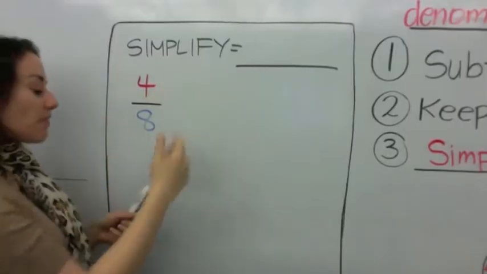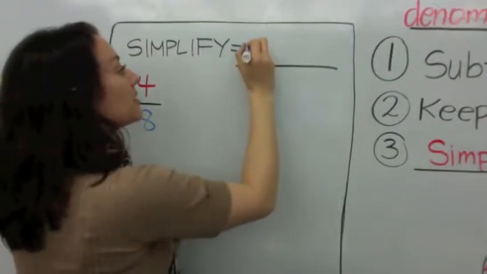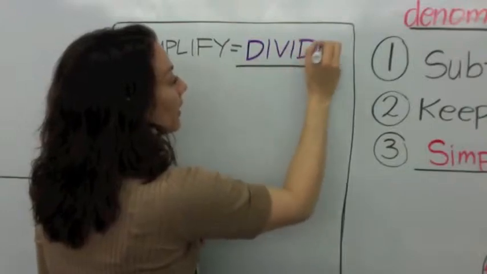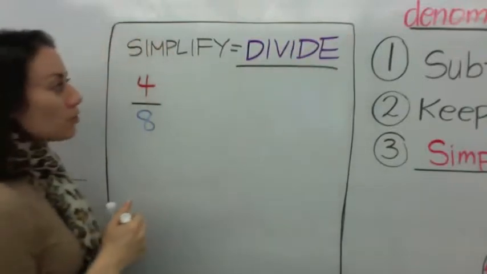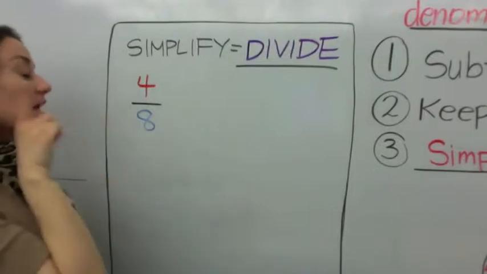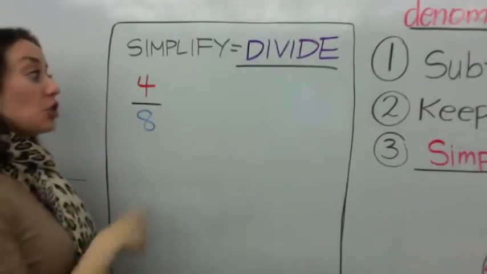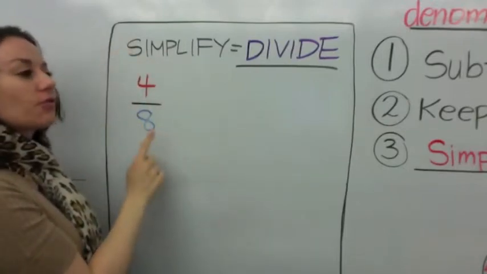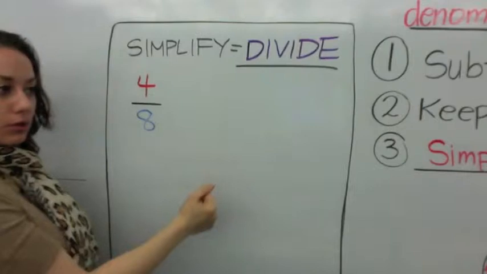So what does simplify mean? Simplify means to divide. It means what? Divide. When you're trying to figure out if you can simplify, you're going to ask yourself, is there a number I could divide the numerator and the denominator by to make this fraction look smaller?